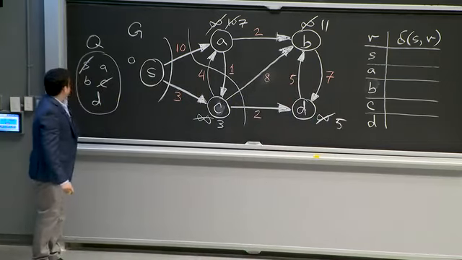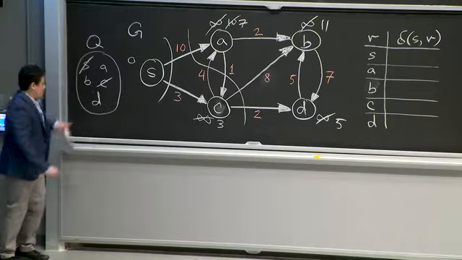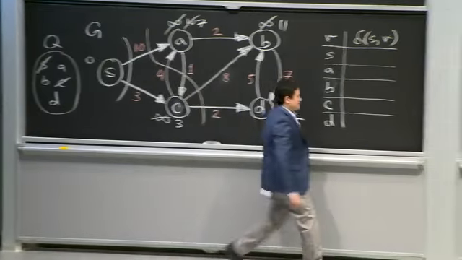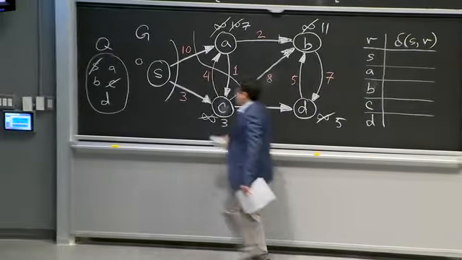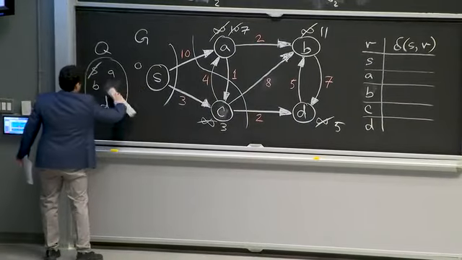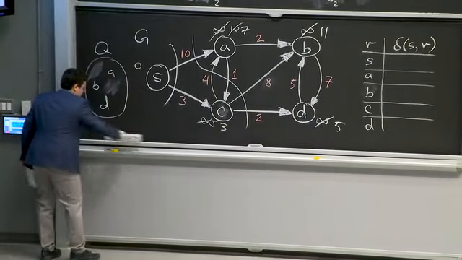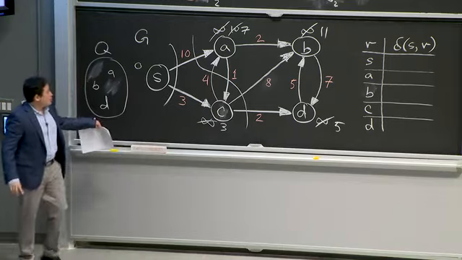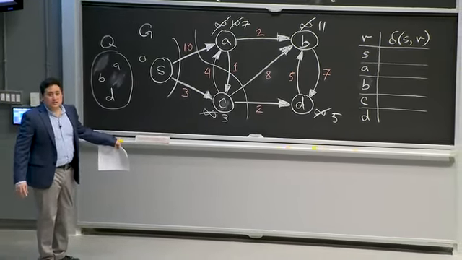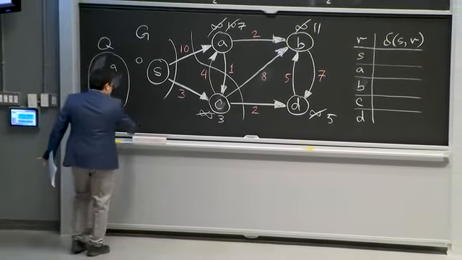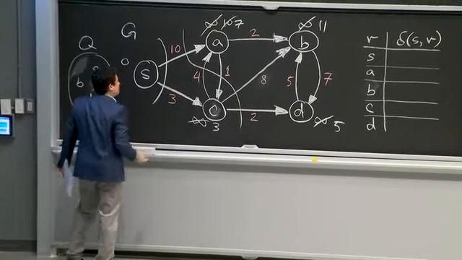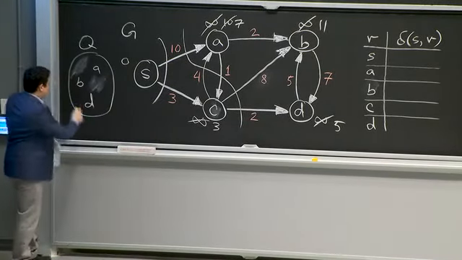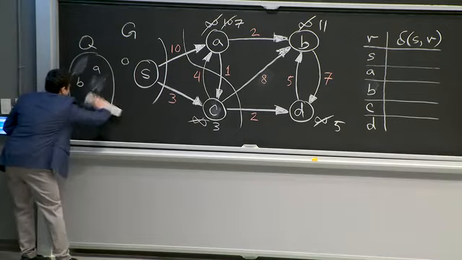Okay? Now of the things still left in my queue, I'm actually going to remove it from my queue instead of crossing it out. Maybe that's better. Of the vertices still left in my queue, which has smallest distance? Yeah. D. D has 5, 7, or 11. 5 is the smallest. So I remove D from my queue and I relax edges from it.